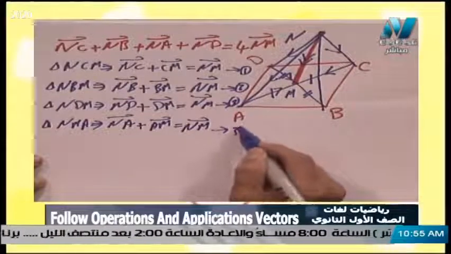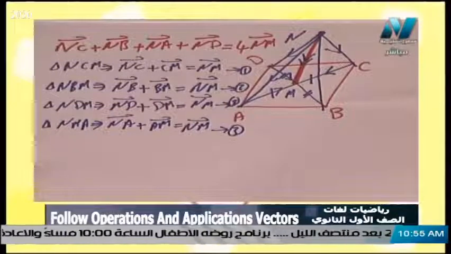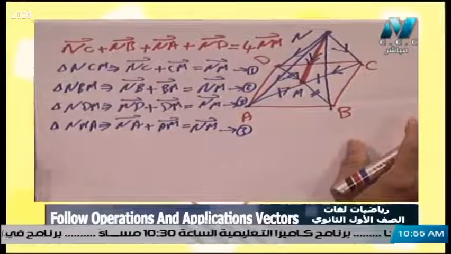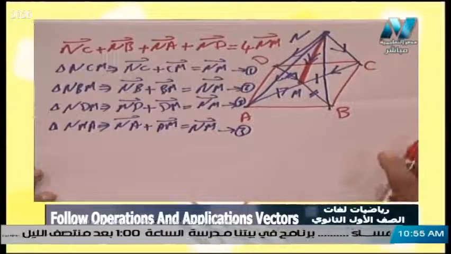And this is equation number 4. It seems to you that it's a very big question and a very big answer, but my dear students, it's a very clear, very small, very easy question.